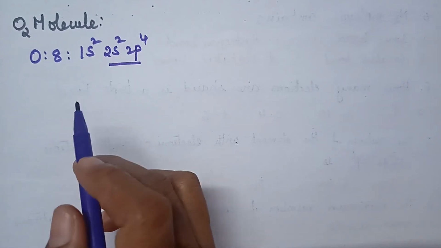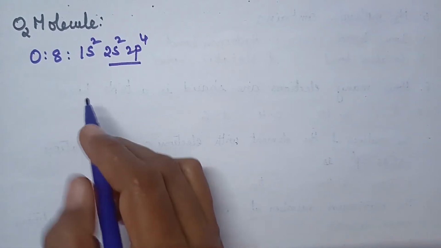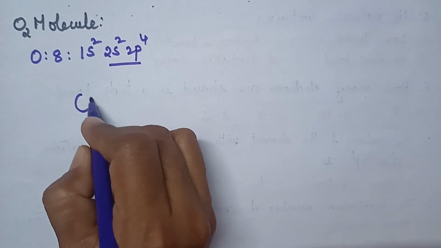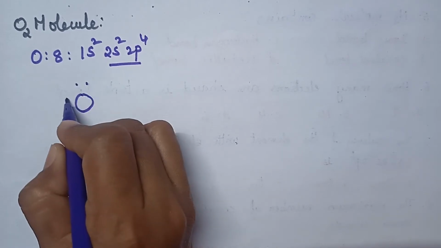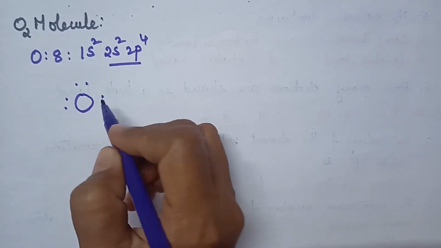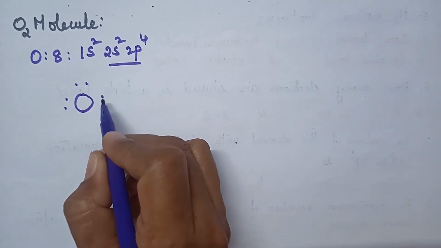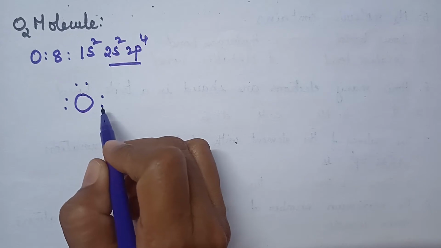And remember that we have to use Lewis dot model. So, coming to the first oxygen, how many electrons are present in the outermost orbit, students? 6 electrons are present. So, it requires 2 more electrons to acquire stability.